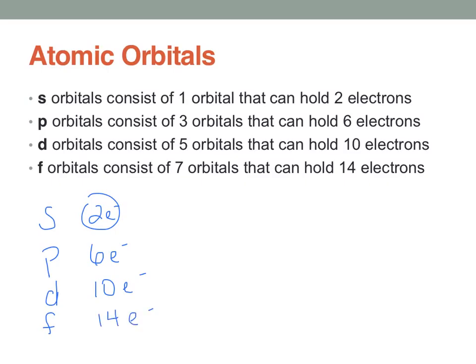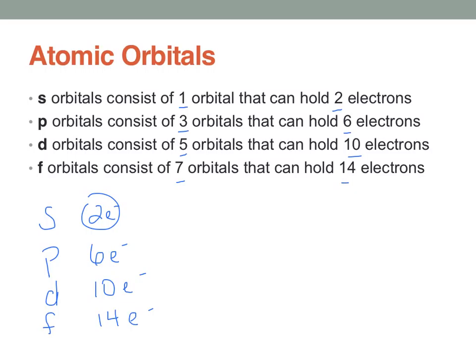So if you look, you should see kind of a trend there. It's one orbital that can hold 2 electrons, 3 orbitals can hold 6 electrons, 5 can hold 10, 7 can hold 14. So they're doubling. It can hold 2 electrons in each one of its orbitals.